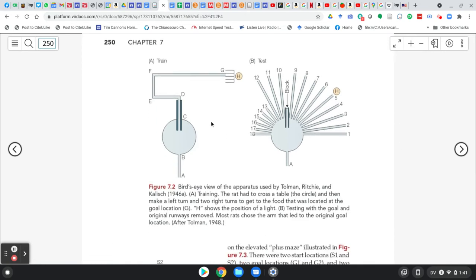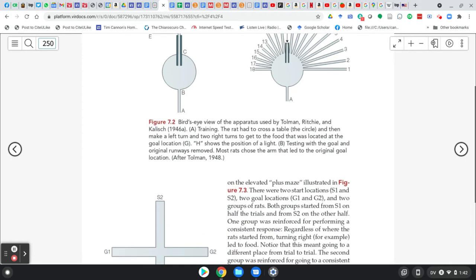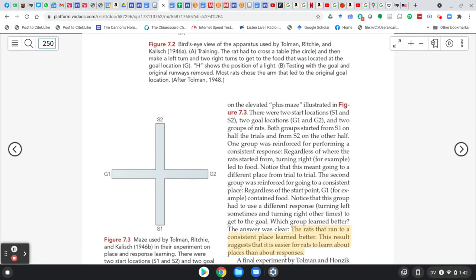This round thing on the left is a tabletop, and then this is the path to the goal. And then you get this starburst design with the same tabletop, but you block off the exit that had been there before. That was very clever. And there's a plus maze. Those are popular.